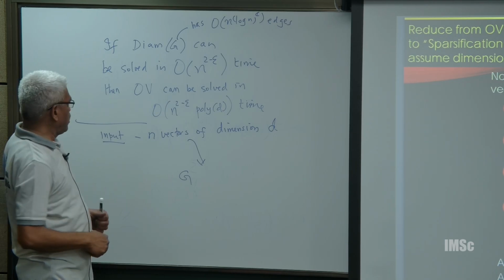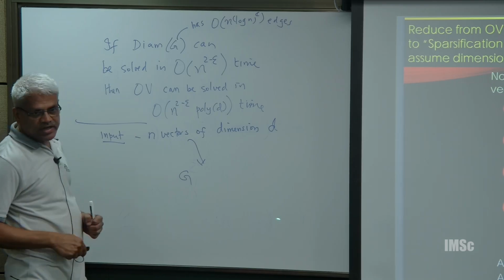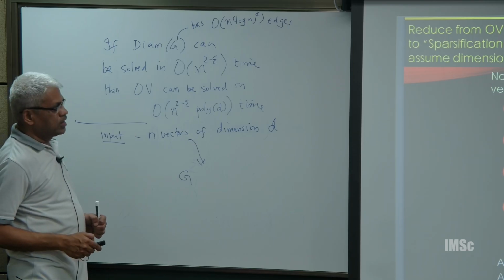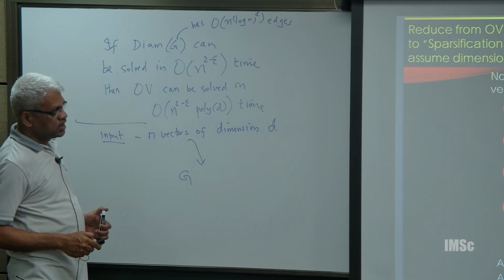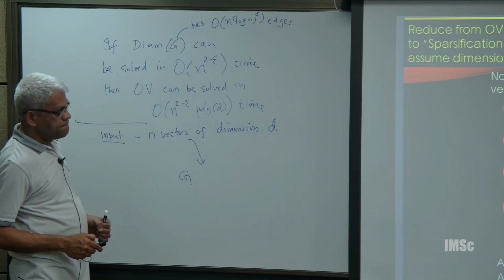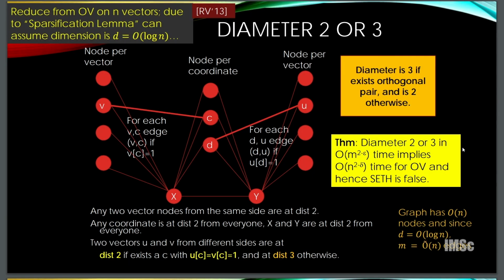Okay, so from the vectors I am going to construct a graph. This graph has a node for each vector. So, there will be n vectors, so n vertices, plus there is a node for each coordinate. So, that is d such nodes here.